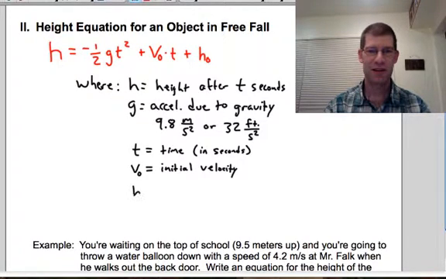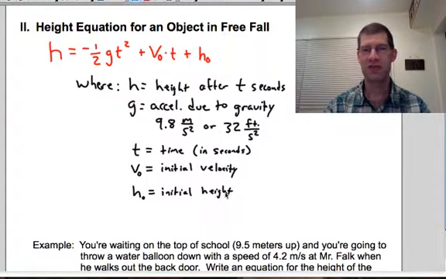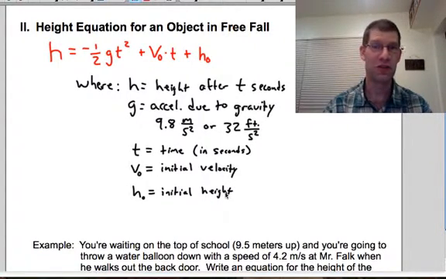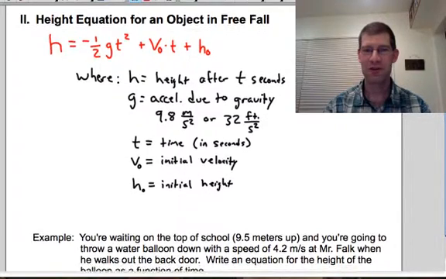And the last thing then is this H sub naught, which is the initial height. And again, you could look at the initial velocity and initial height to figure out what the units are going to be, what you have to use for G.